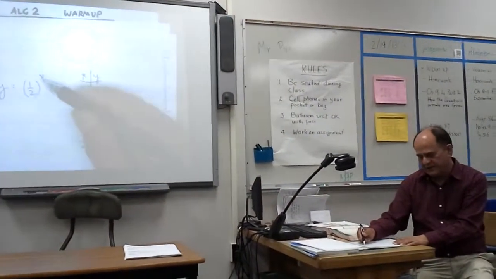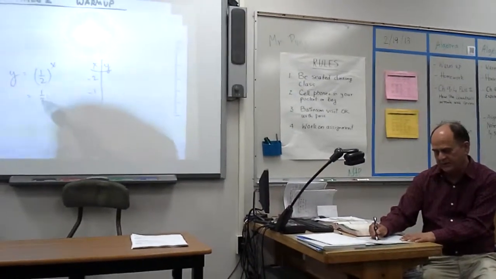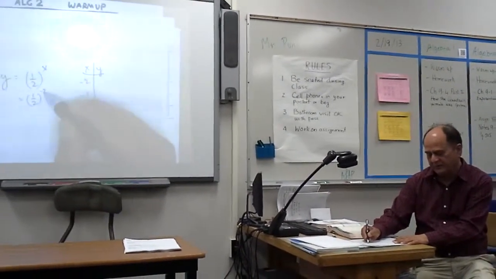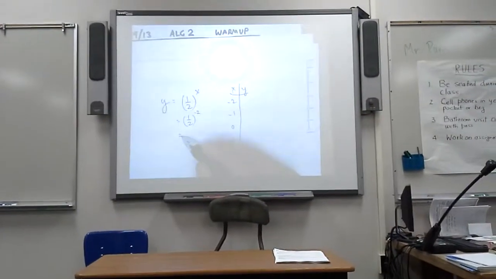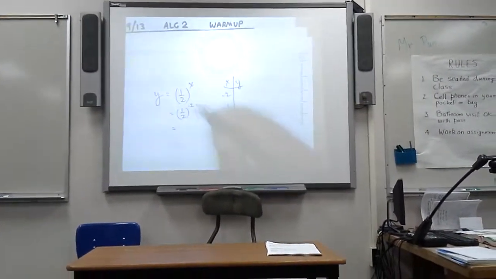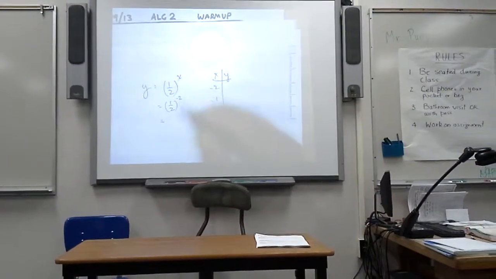So if x is minus 2, let's replace x with minus 2. What would that be? What would half to the power of minus 2? Can anyone, Kyle, do you know? How would you do this?